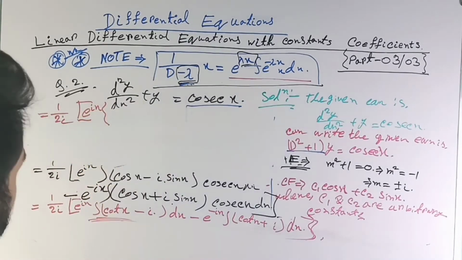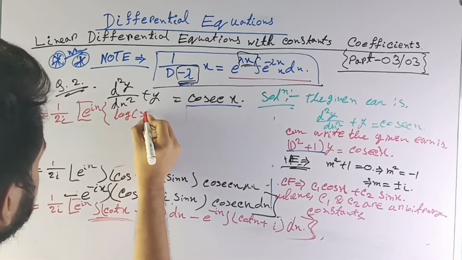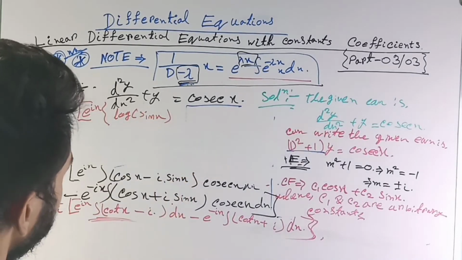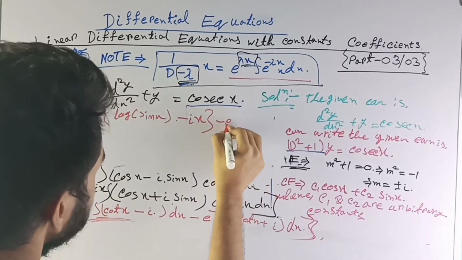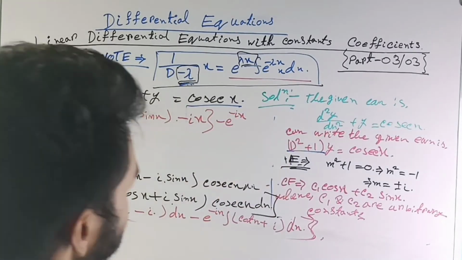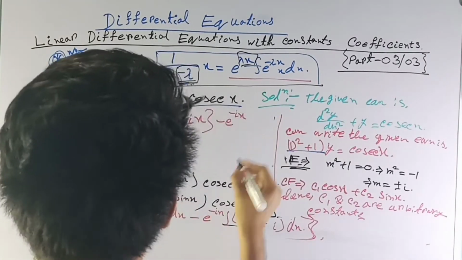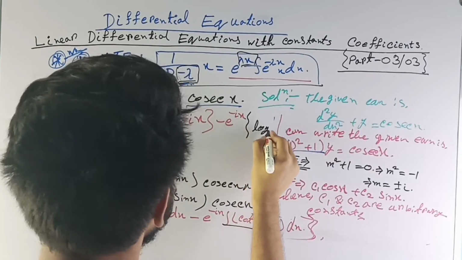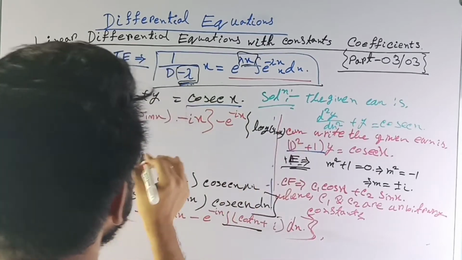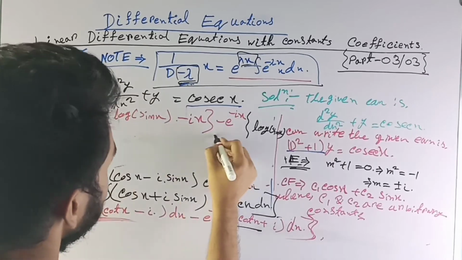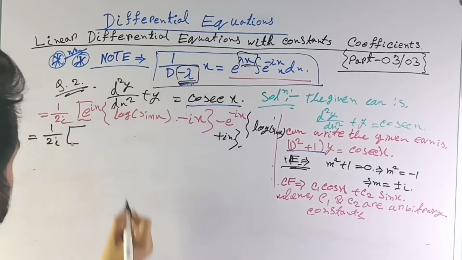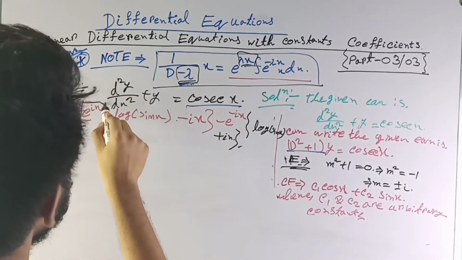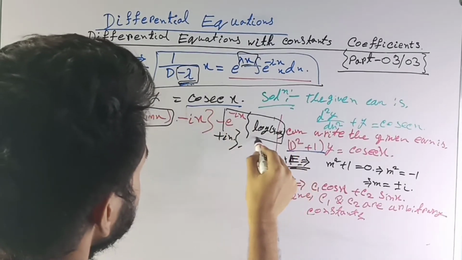So therefore 1 by 2 iota of e to the power ix of log of sin x, that's it, minus ix, minus e to the power minus ix, that's it. And now this cot, therefore we can write the log of sin x plus ix also. So remember that 1 by 2 iota of this function whole and this function whole.